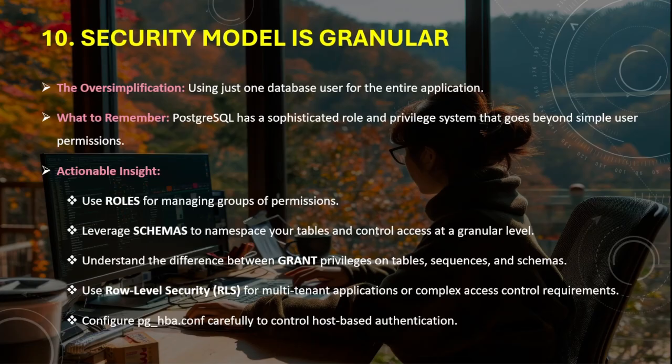And for the ultimate in granularity, you can use row level security to make sure users can only see the rows they are supposed to see. Perfect for multi-tenant applications. Combine this with a properly configured pg_hba.conf file and your security will be strengthened ultimately.